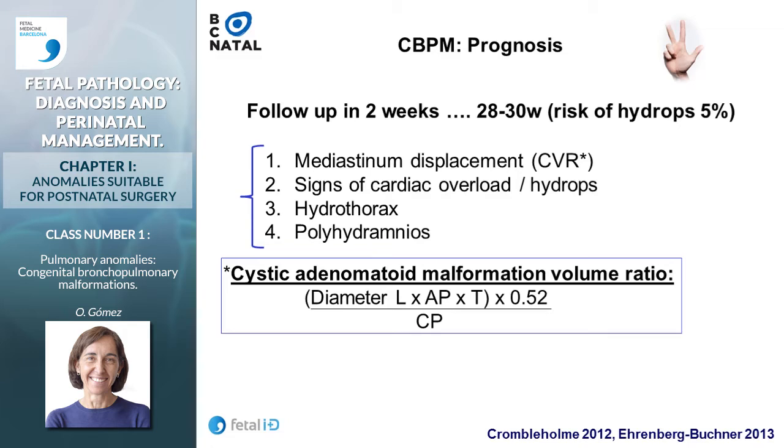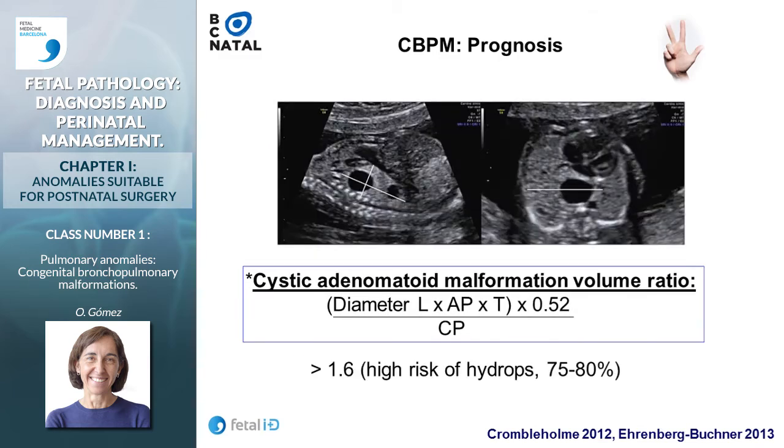In 2002, it was proposed to calculate the cystic adenomatoid malformation volume ratio as a prognostic parameter to be used in the diagnosis of a congenital bronchopulmonary malformation. The cystic adenomatoid malformation volume ratio is obtained with the following formula: longitudinal diameter by anterior-posterior diameter by transverse diameter, all multiplied by 0.52 and divided by the cephalic circumference.